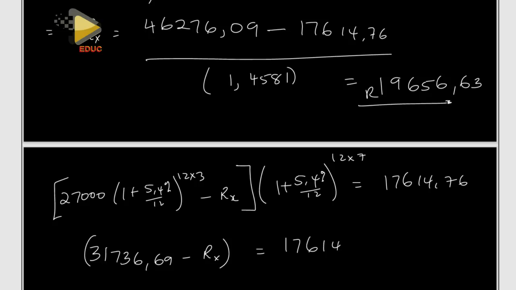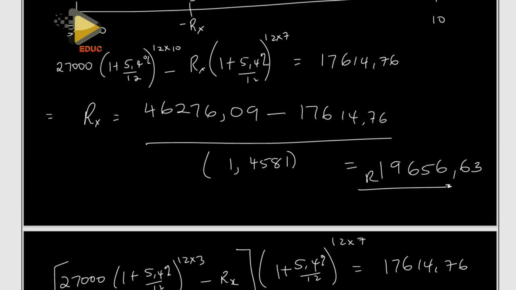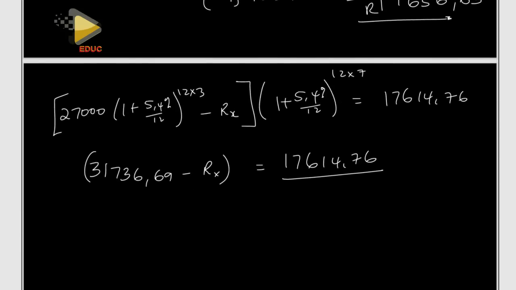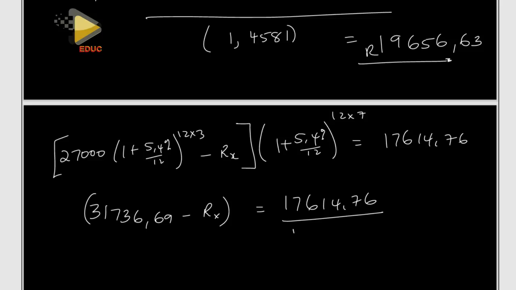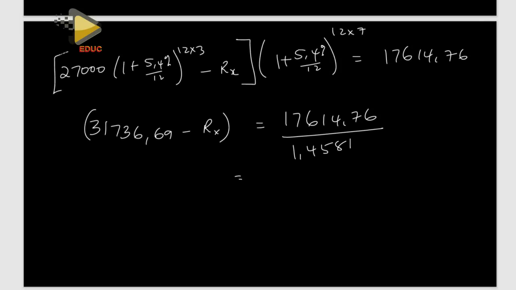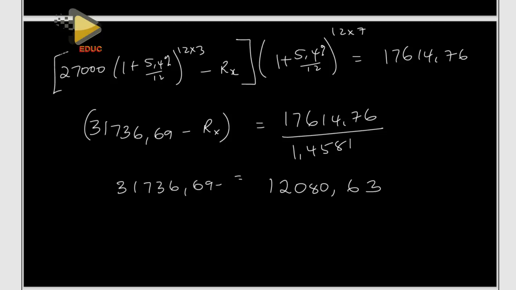But why can't I just divide both sides by this thing? So 17,614.76 over this side, 12 times 7, that is giving me 1.4581. If I divide that, I'm getting 12,080.63, which is equal to 31,736.69 minus x, and then just switch around.